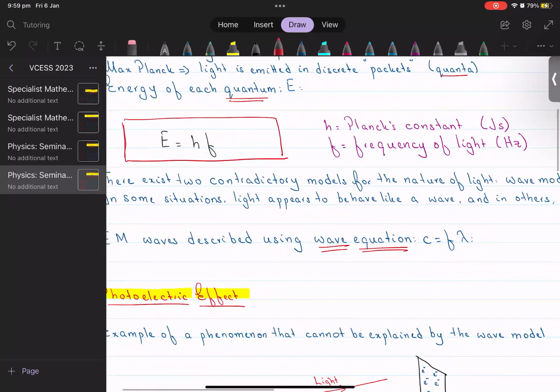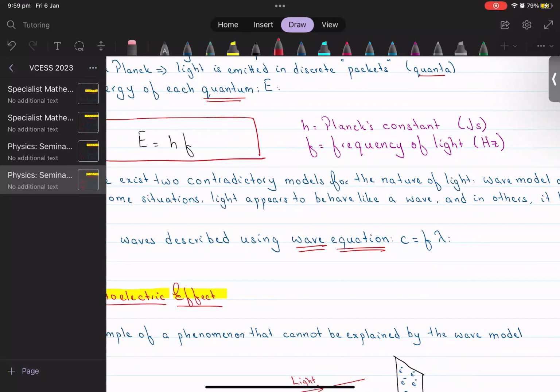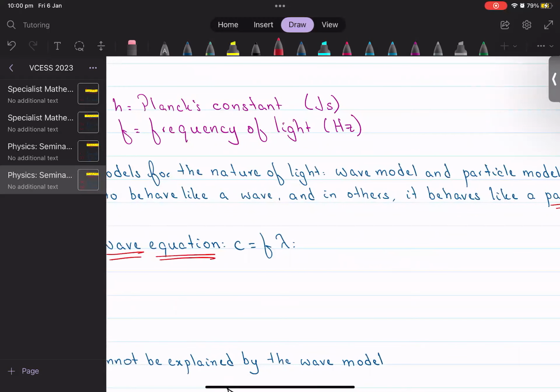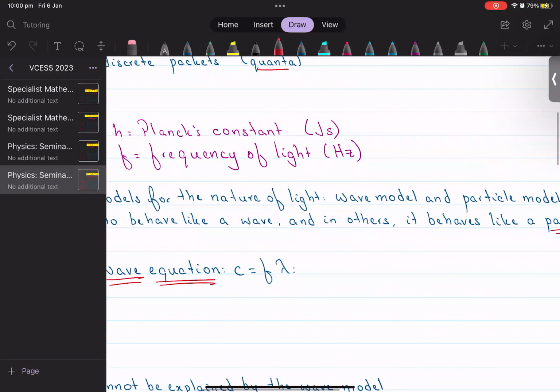So what is h? h is a constant, much like Newton's gravitational constant, if you've dealt with gravitation in the past. h is called Planck's constant. It has units of joule seconds, and it has a value of 6.63 by 10 to the minus 34. So it's a very small number.